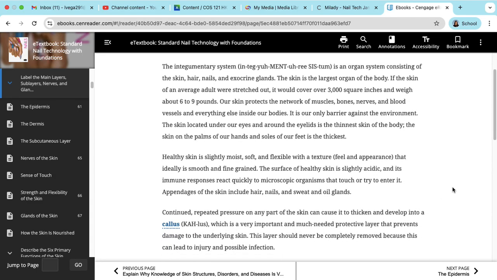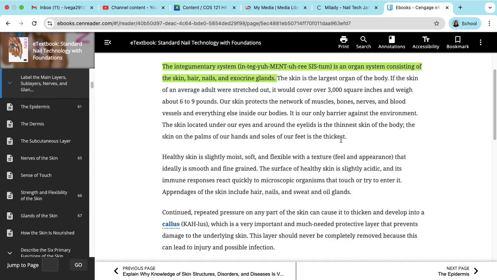The integumentary system is an organ system consisting of the skin, hair, and nails, and exocrine glands. So this is the skin. The skin is the largest organ of the body.